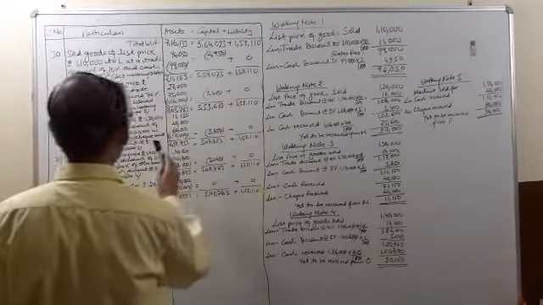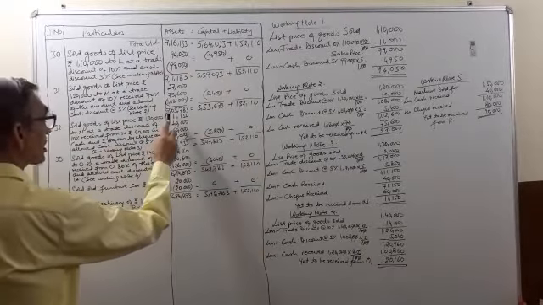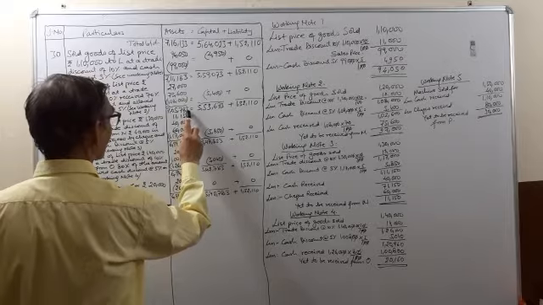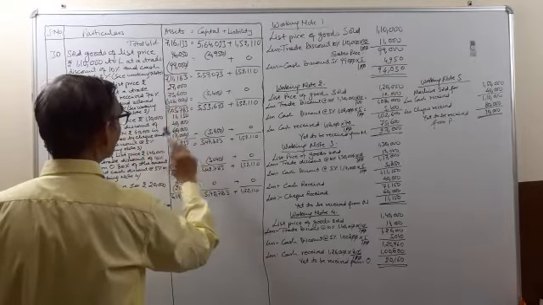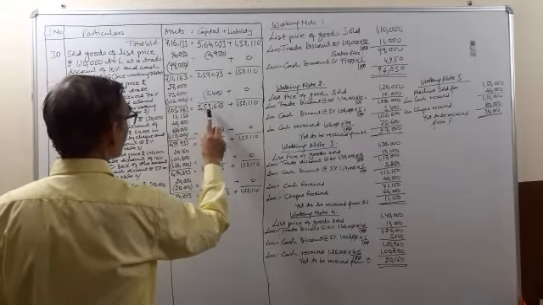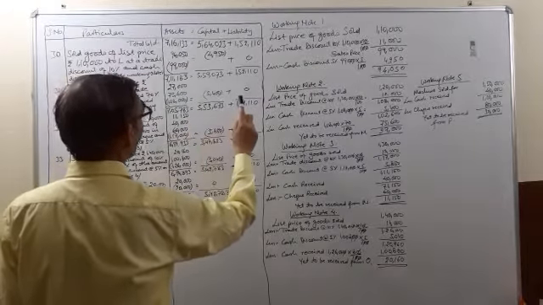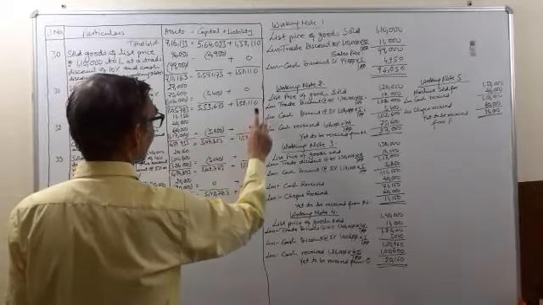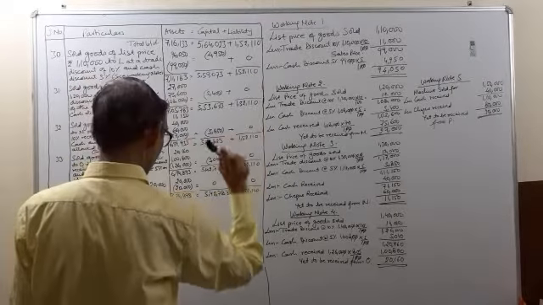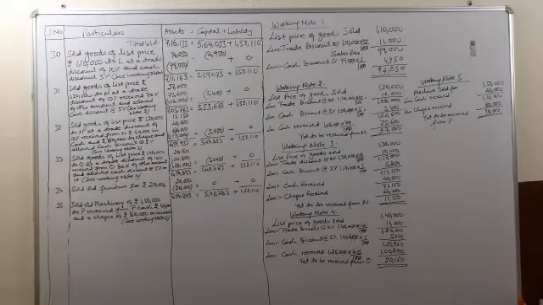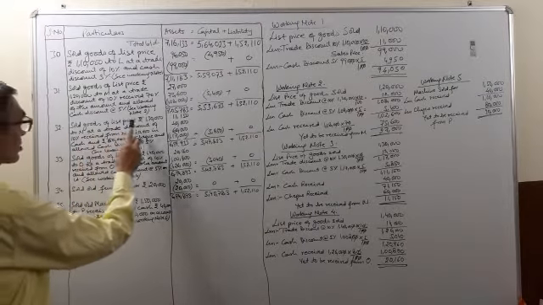Then the accounting equation after this is 7,05,783 are the assets and 5,53,673 is your capital. 1,52,110 is your liability.